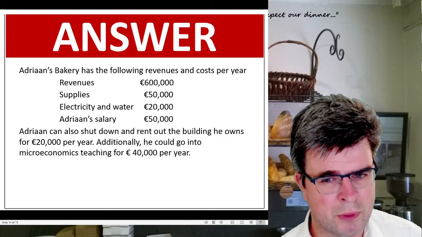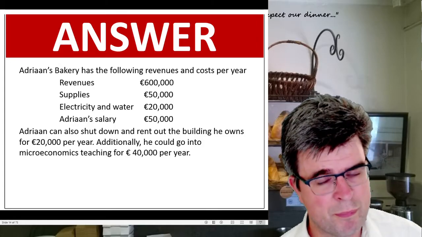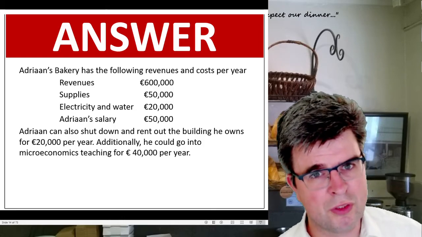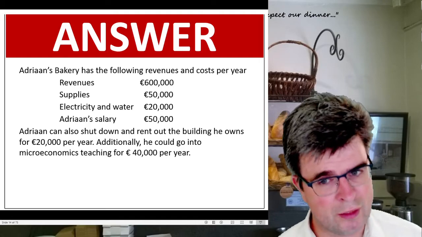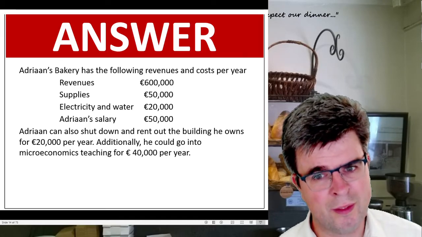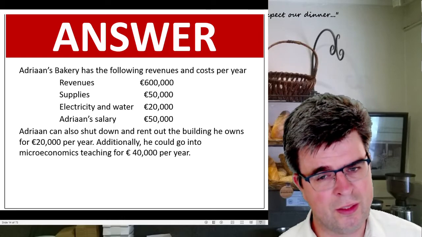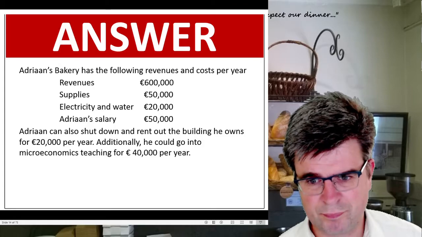The market price is €10,000 lower. So not that much is lost by employing Adrian in the bakery. At least less is lost in terms of money and opportunity cost than just the accounting cost would suggest.